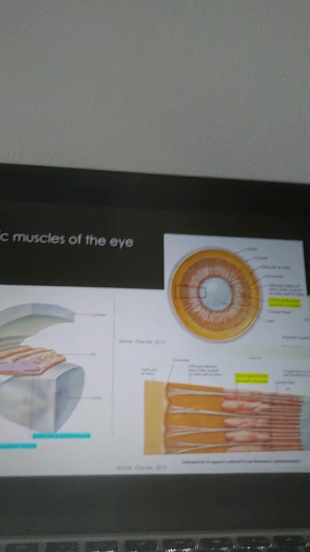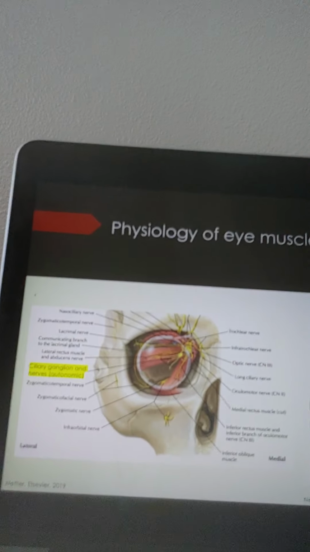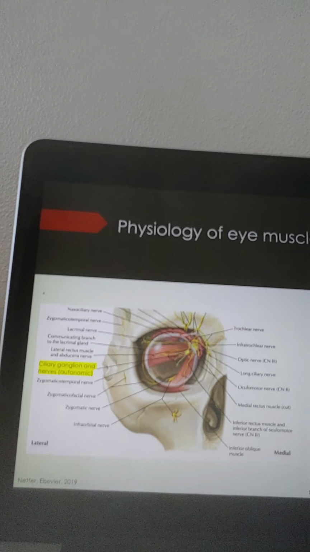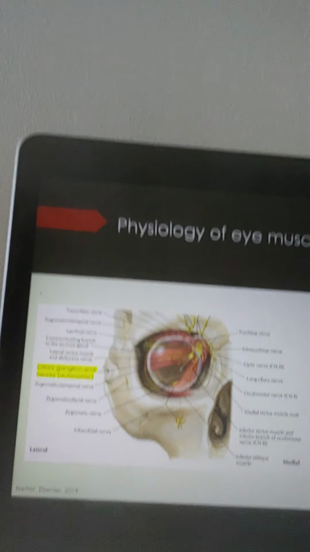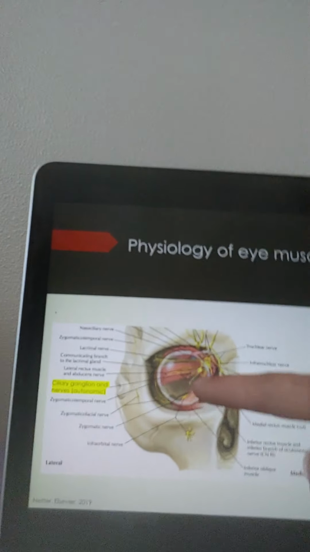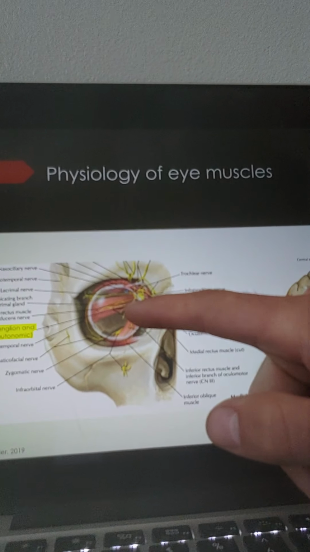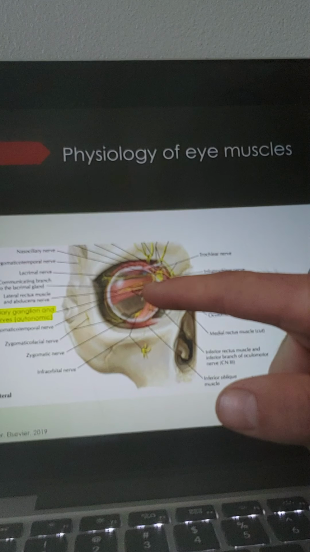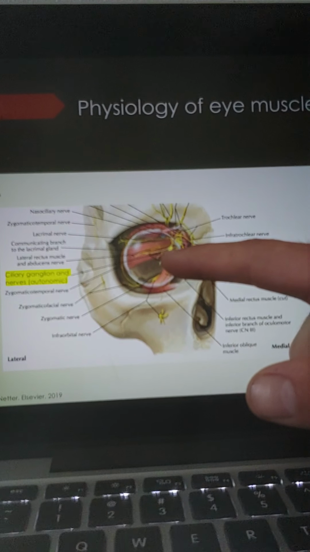And so that is a little bit of the physiology of the intrinsic muscles. Here's some more. So here is a kind of busy picture of the nerves innervating the ciliary muscles. I highlighted them. It's kind of hard to see through the camera, but these nerves in here are the ones that innervate the ciliary muscles to contract and accommodate for near or far vision.